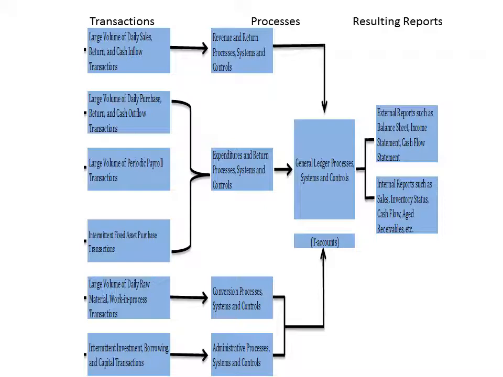Meron pa tayo dito, large volume of daily raw material work in process transaction na alam naman natin na ito ay napapaloob sa conversion processes, systems, and control. And the last dito is intermittent investment, borrowing, and capital transaction na kung saan nakapaloob siya sa administrative processes, systems, and control.